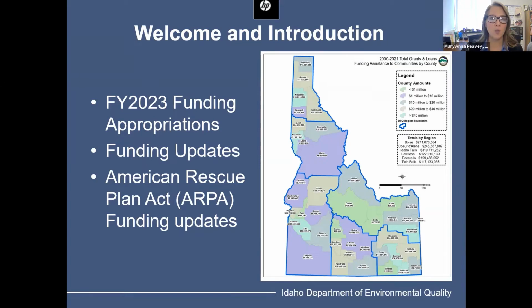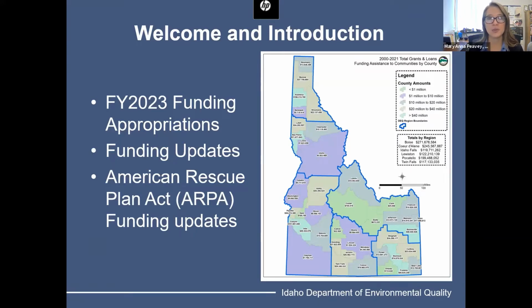And that way, when we get told if the money's coming to us and the state legislators dictate how they want us to spend that money, then we can pull those who are interested in ARPA funding out of the priority list or add to it and funnel some of those monies to those who submitted a letter of interest.